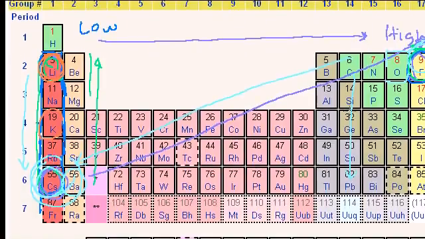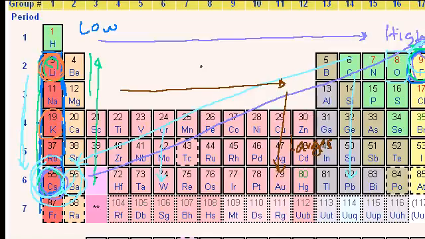And you could already imagine that as you go down any one group, the size of the atom increases. You're adding on more and more energy levels, more and more shells. The atom is just getting larger and larger. In fact, we've used that as an argument as to why, as you go down, ionization energy goes down or electronegativity goes down. So the atoms become larger as you go down. Now, the one thing that might be a little unintuitive, what happens as you go to the right? You're adding electrons as you go to the right, but you're adding them all in the same shell, right?